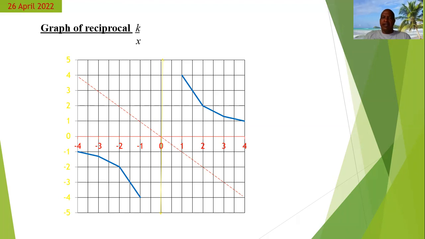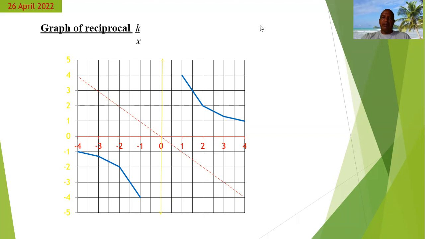And I must bring to your attention that they can give you these graphs in multiple choice and just ask you what they are. So you should be able to know what they are just by memorizing these graphs. All right, so this is the reciprocal function graph.